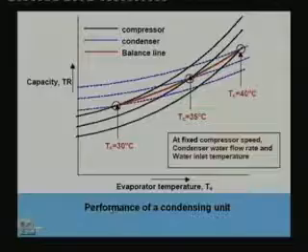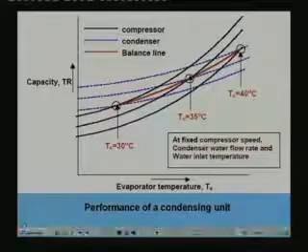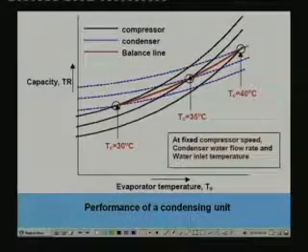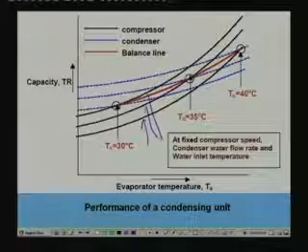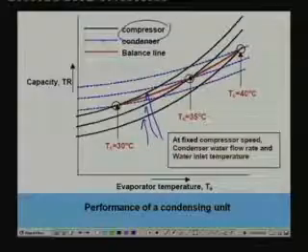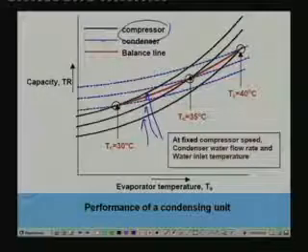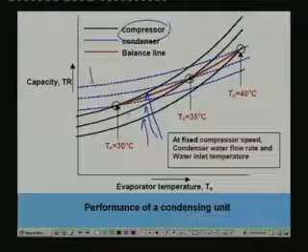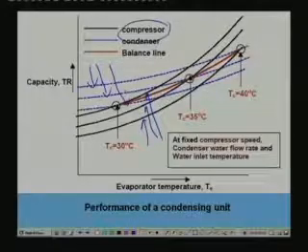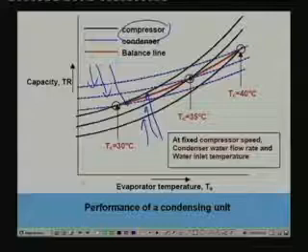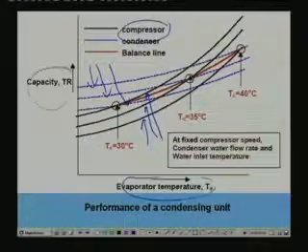If you superimpose that you will get this curve. You can see here that what we have simply done is superimpose the compressor characteristics, the black line, onto the condenser characteristic curves, that is the dashed blue lines. As I said, when you are superimposing them the axes have got to be the same.